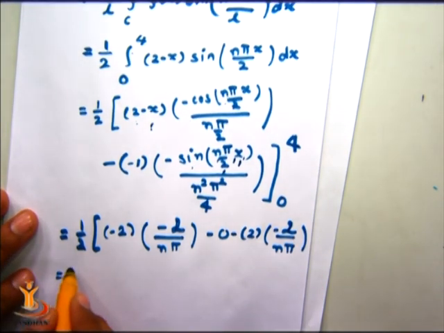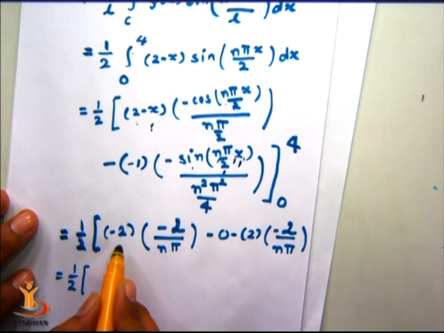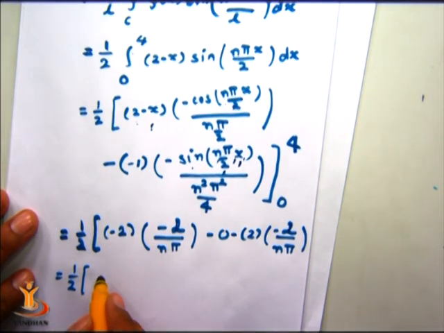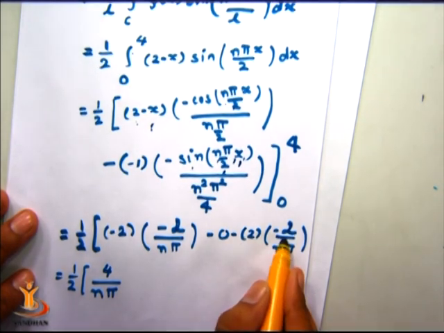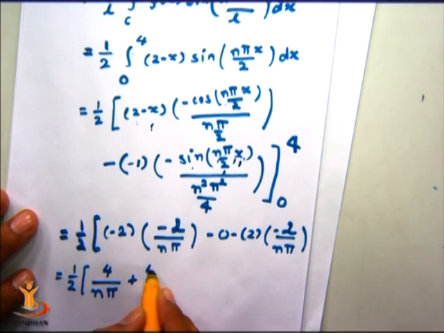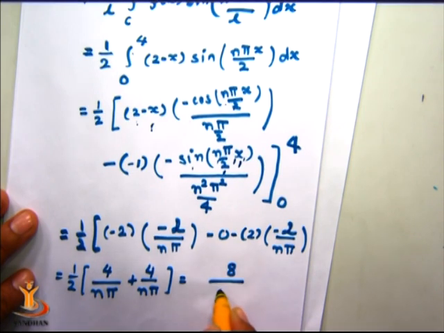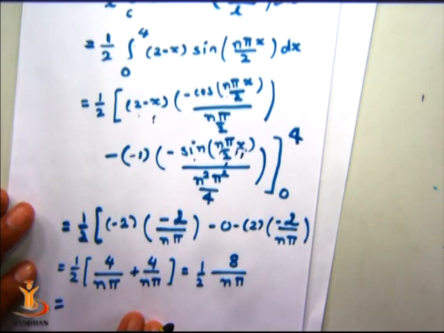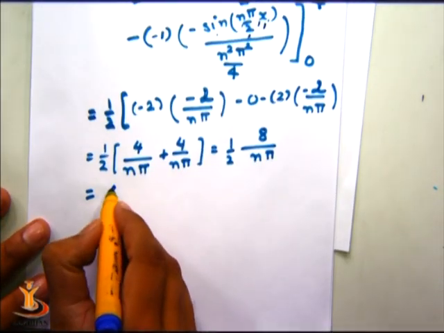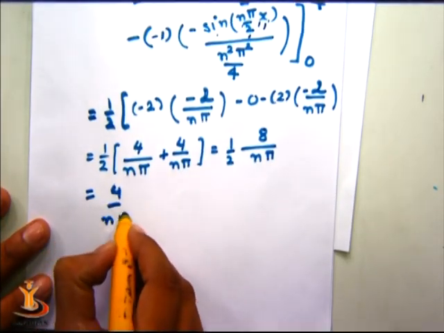So let's simplify this. 1 by 2 into minus 2 into minus 2, so it is plus 4 upon n pi. Here also it is minus 2 and minus 2, so it is plus 4 upon n pi. So it is 4 plus 4, 8 upon n pi, and 1 by 2 as it is. So the final answer is 4 upon n pi.